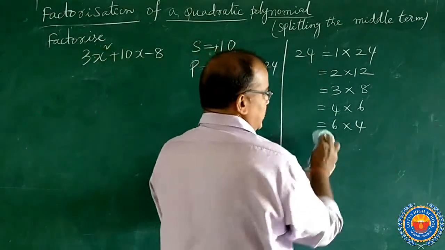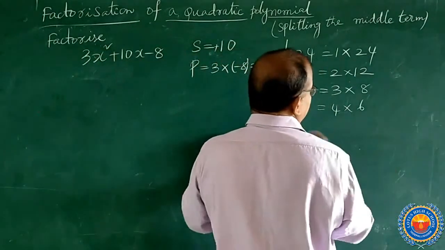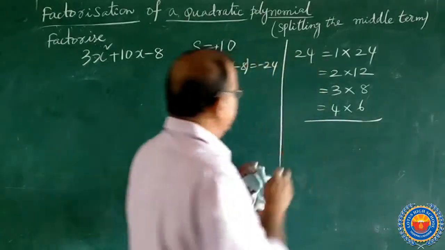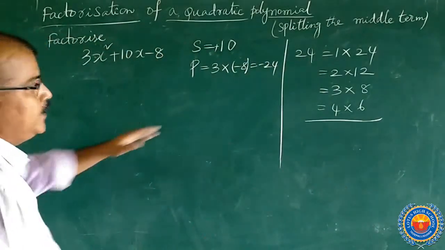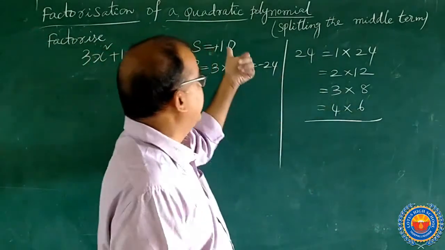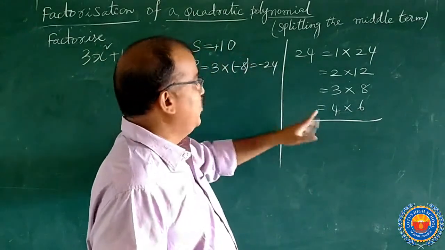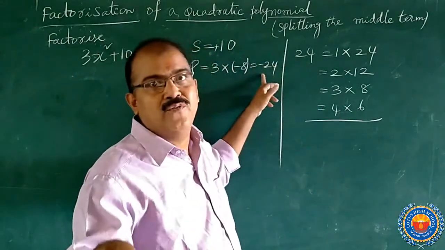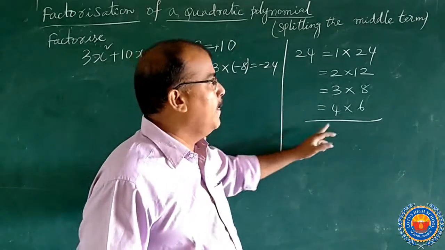Both are the same. So if I am adding these two numbers, I should get plus 10. If you multiply, I should get minus 24, not plus 24.